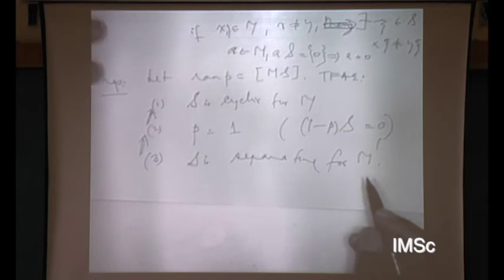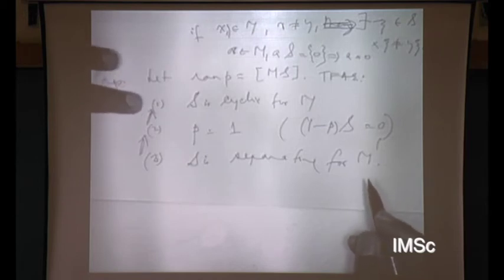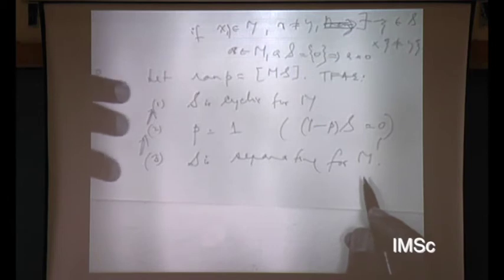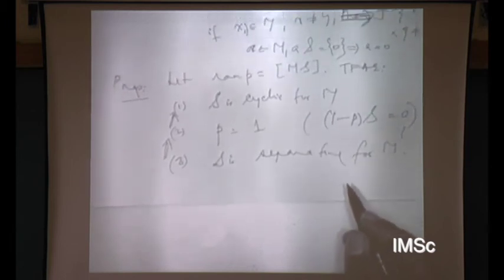If it is separating for M prime, then it is cyclic for M. And conversely, if it's cyclic for M, then it must be separating for M prime by the same reasoning.